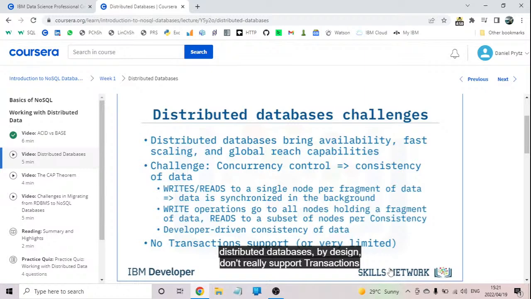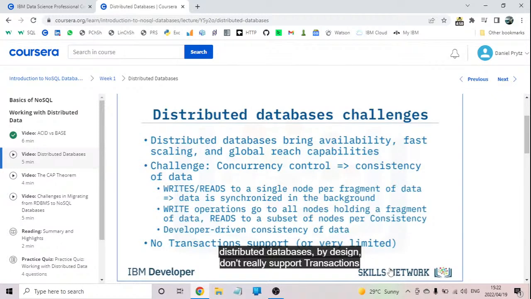Reads are done through subsets of nodes and not through all nodes.